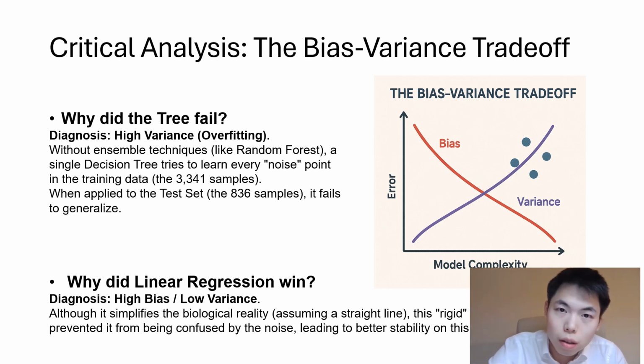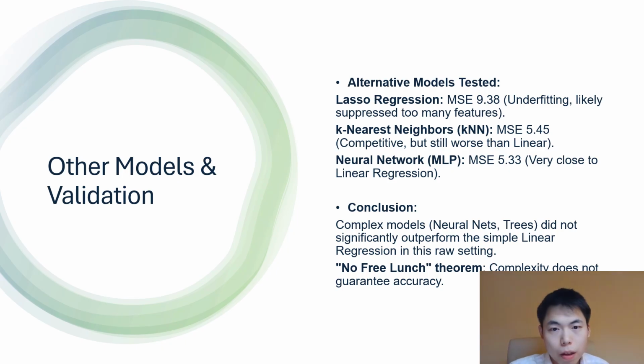To verify these findings, I also ran other models including lasso regression and neural networks using k-fold cross validation. Cross validation is crucial because it ensures our result is not just luck based on how we split the data.